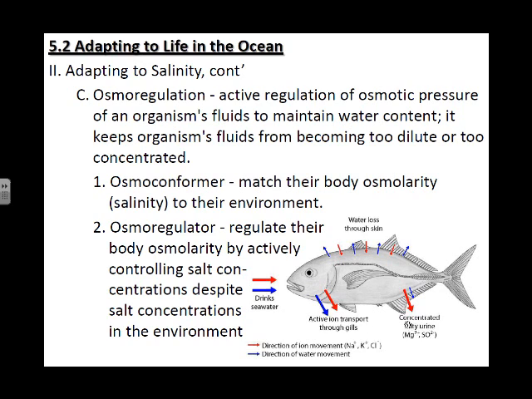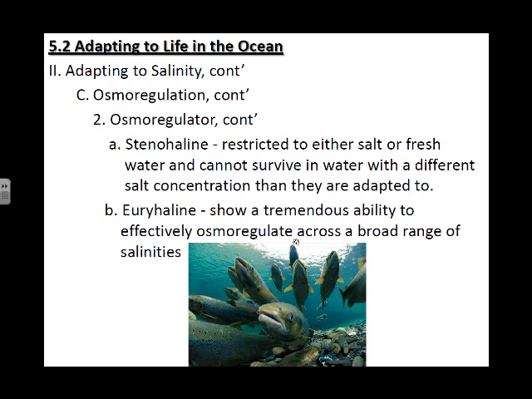And also, and this is really the key, how they get rid of excess salt is they actually have very concentrated salty urine. So they drink salt water, filter out the salt through their gills and their kidneys, and they basically excrete the excess salt out via salty urine, and they keep the water. So a pretty neat little strategy they use to regulate their salinity.